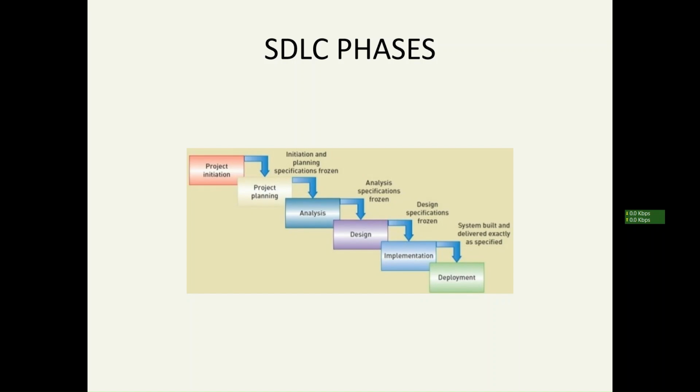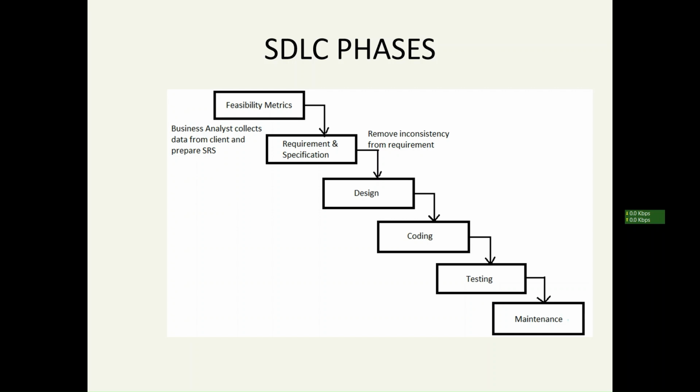So this is the understanding of the software development life cycle. Here is another diagram where there is an SRS document, that is nothing but software requirement specification. During the requirement and specification phase, they are going to check whether the requirement has clarity, consistency, and completeness. If there is any issue, that will be reviewed, finalized, and approved.